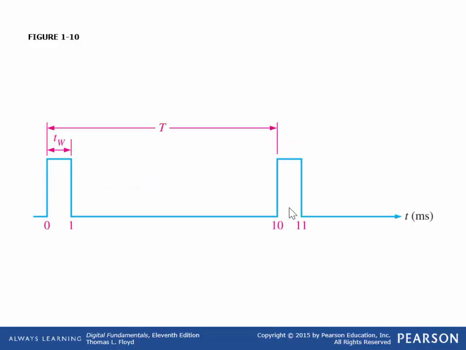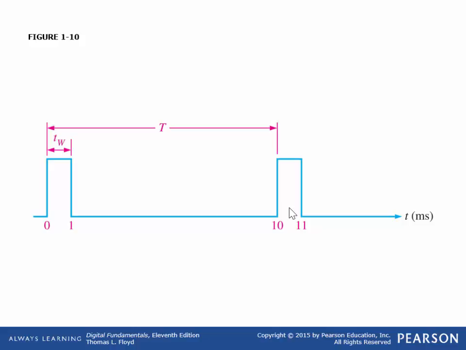We also have something called the duty cycle. I'm not necessarily going through the books, I'm just going through the slides. The duty cycle is basically the percentage of the time that it's high. You can go anywhere from 5% to 100% duty cycle. 100% duty cycle means it's always high.